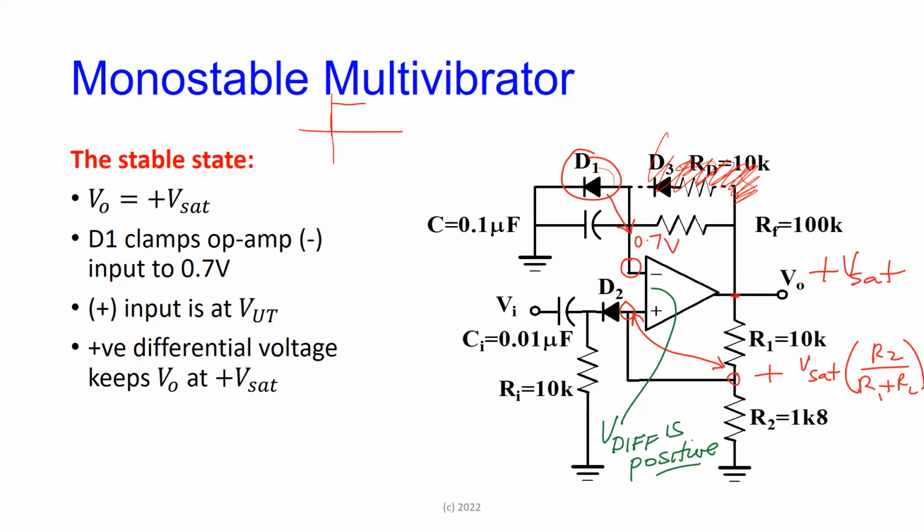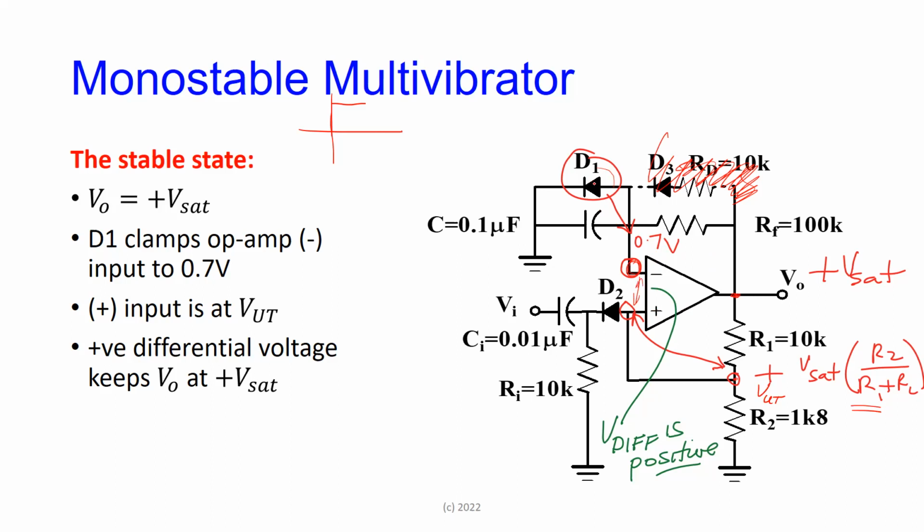Everybody see that? Then we also saw, this is the same little feedback circuit that we had in the astable state. Here, this point here is at a fraction of VSAT, right? And because it's positive, this is V upper threshold, which we just saw. So here is at V upper threshold, some positive value. Here is at 0.7, right? Remember, all the operation that the op-amp does is to try to make these two voltages equal.